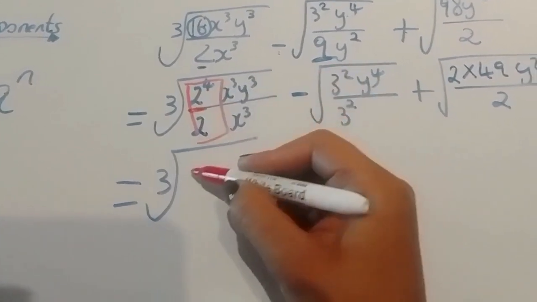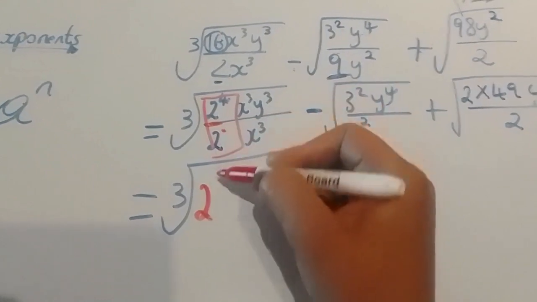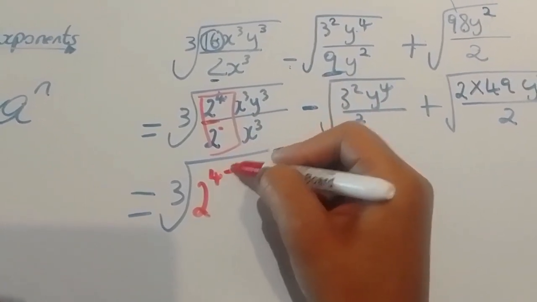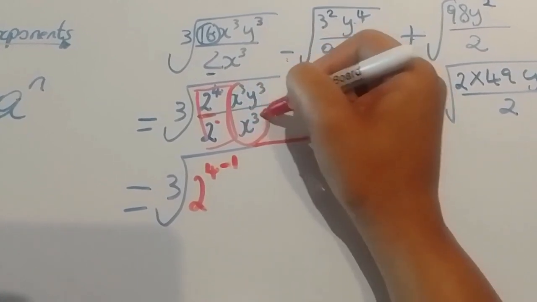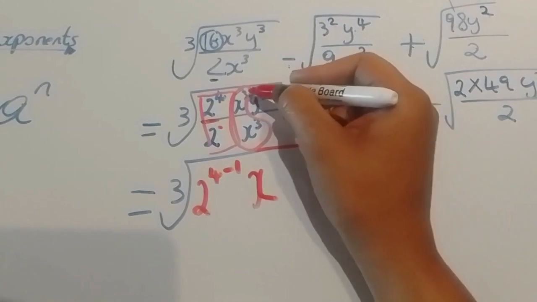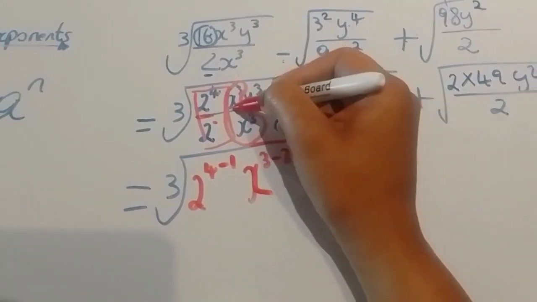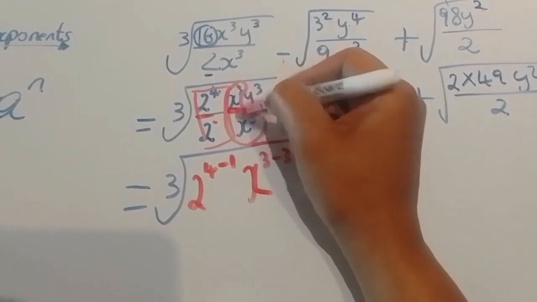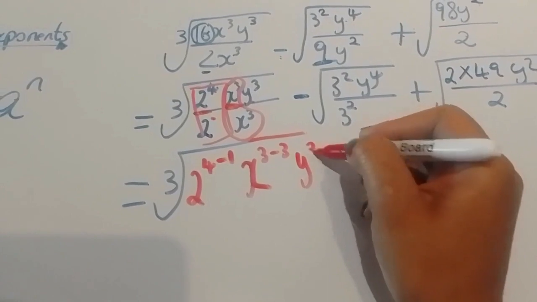So I take this 2 and subtract the exponents, which is 4 minus 1. How about x? Same story. The base is x, the exponents are 3 and 3, so it's 3 minus 3 because there's a division between the two. And then lastly, we have y cubed.